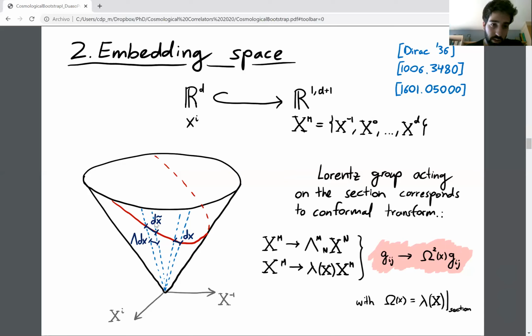In other words, these dx tilde and this dx are related to each other by a conformal transformation. So this means that we have transformed the action of the conformal group in this R^d space, which is pretty complicated, into the action of the Lorentz group in a higher dimensional space. This is the reason why this embedding space formalism is useful.